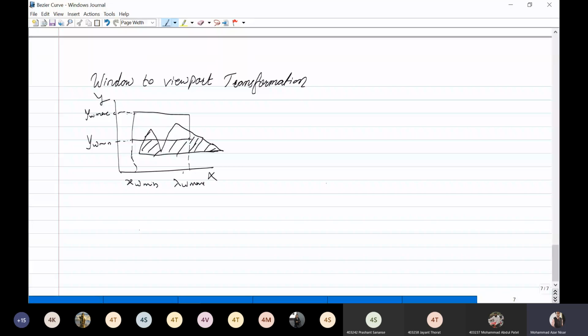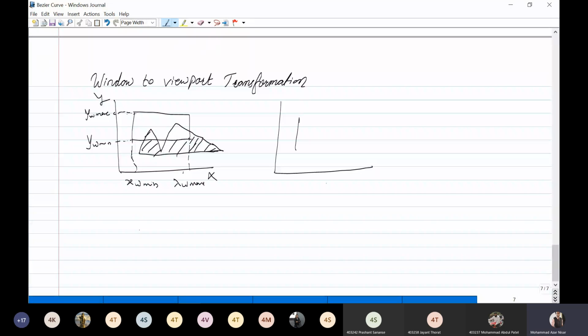Okay, so after discarding, window to viewport means, in simple language, the viewport is the device on which the profile is to be displayed, and what is inside the window will be the viewport. Okay, so the viewport will be in this way.